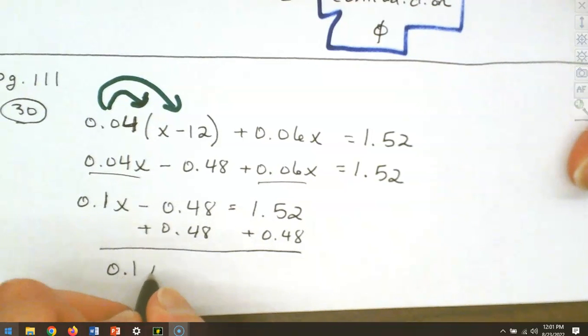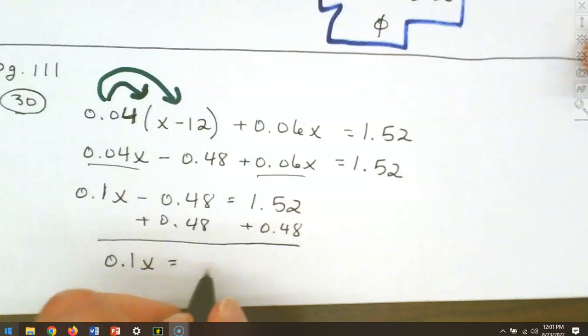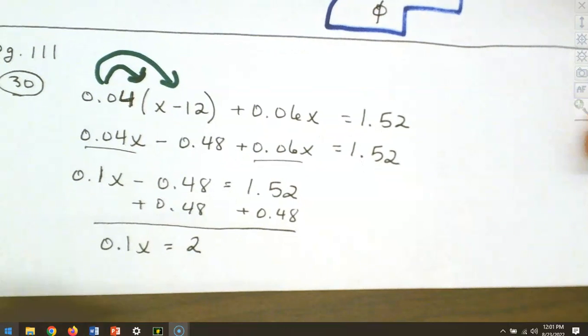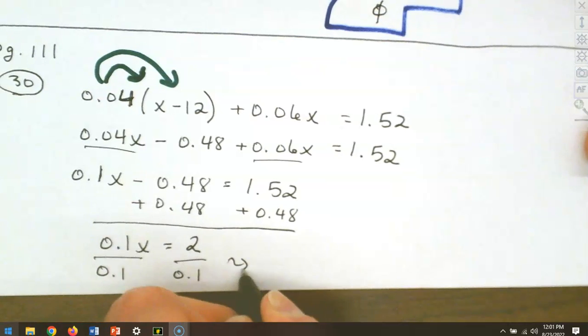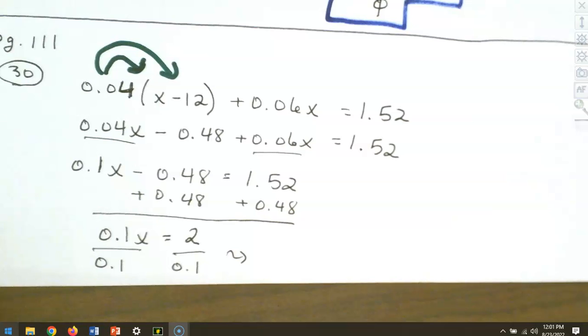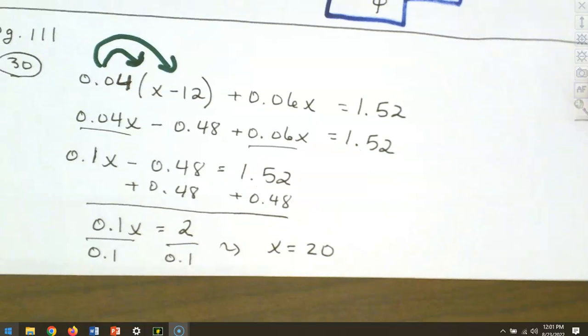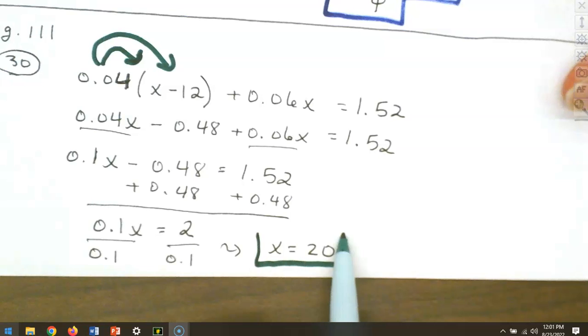And now we've got 0.1x equals, we'll put these together, that equals 2. Divide by your 0.1, and that should give you, I believe, 20. Yep, that comes out to be 20. And this, again, is conditional because we were able to solve it, and we got a solution.